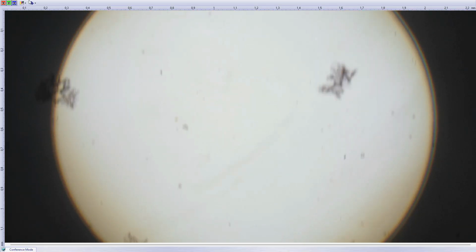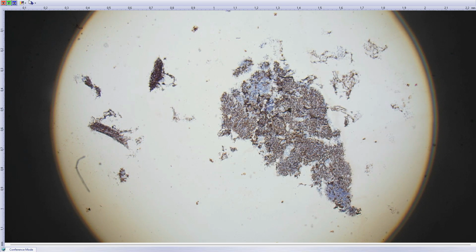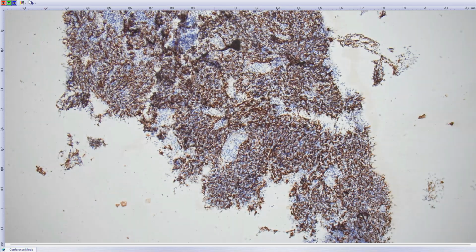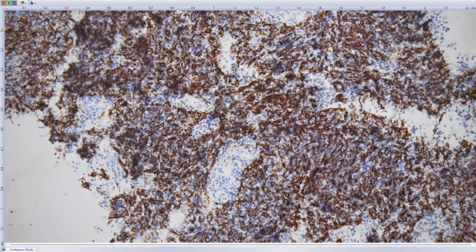what should we do? We should do, of course, keratin stains. So this is cocktail staining. It's not very nice, but you can see this meshwork of epithelial cells in the background.